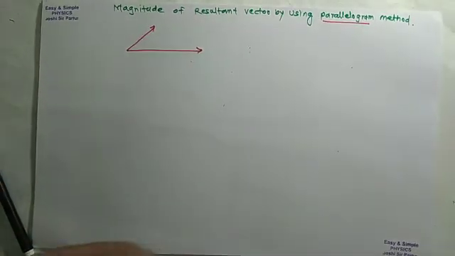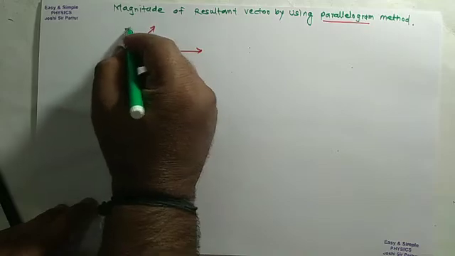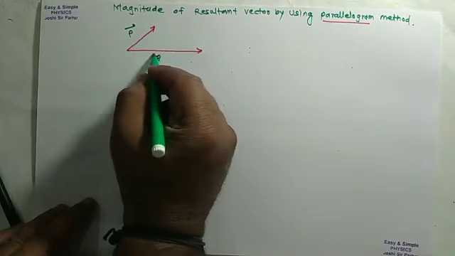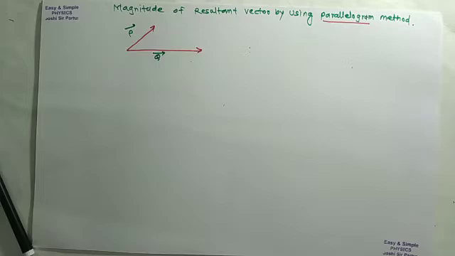The two vectors, vector P and vector Q, are added by using the parallelogram method.